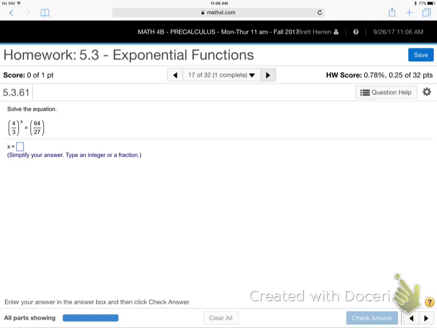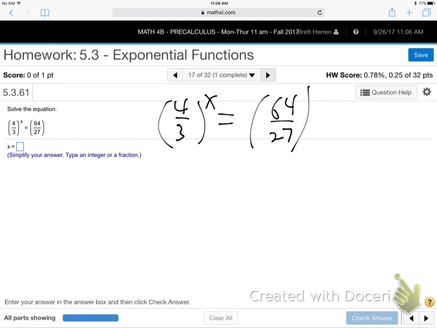So, 4/3 to the x is 64/27. What I'm suggesting on this one is just look at that 4 and think to yourself, what does that x have to be? How many 4s multiply together to be 64? It's actually 3 of them.